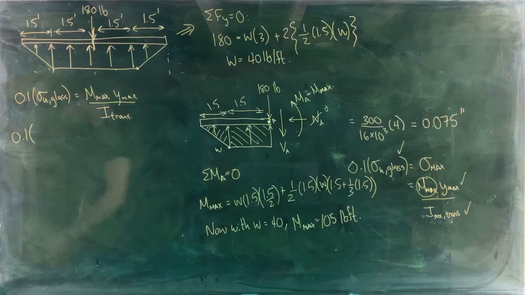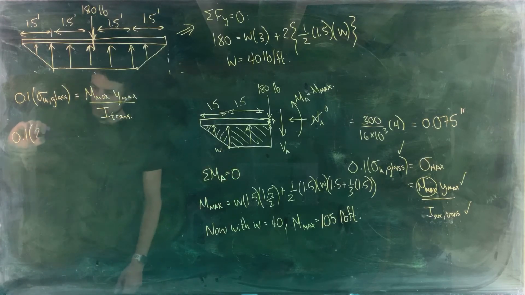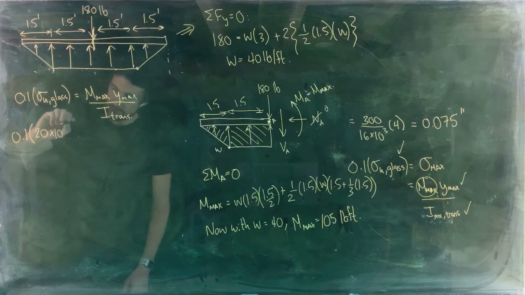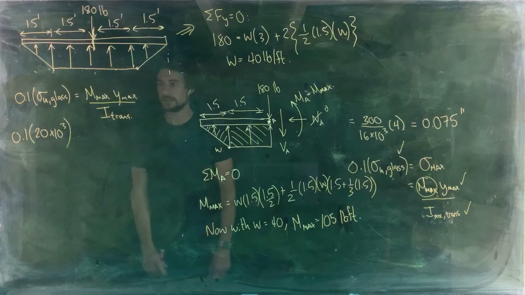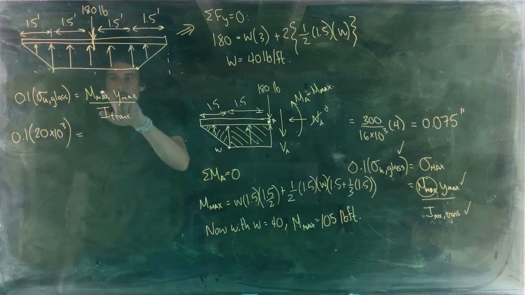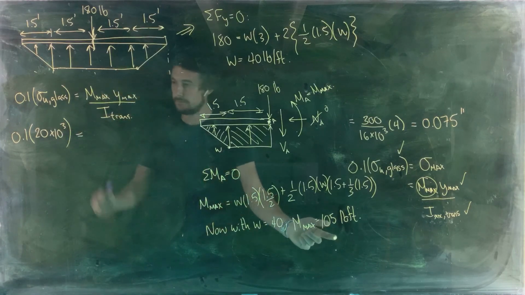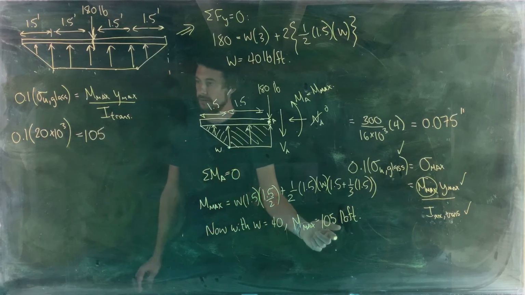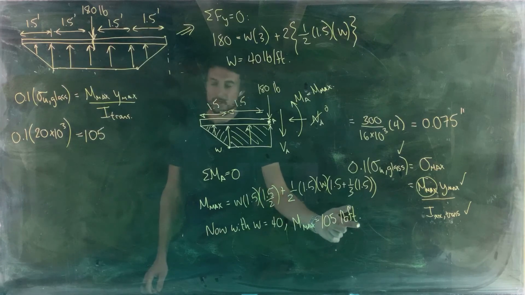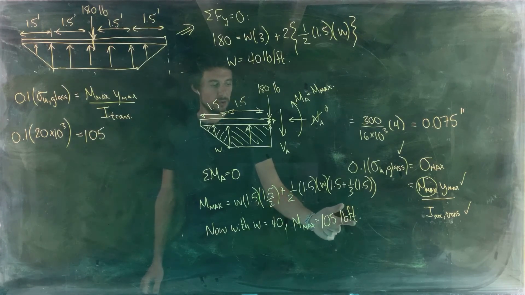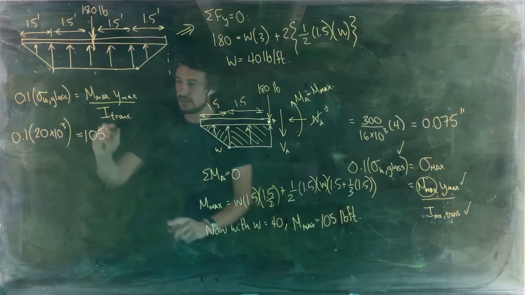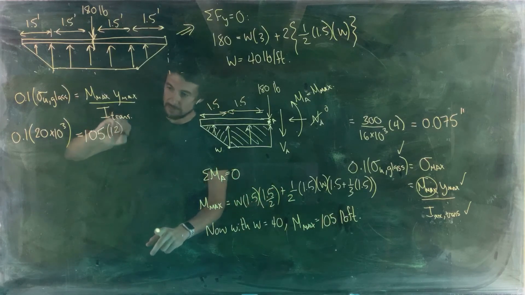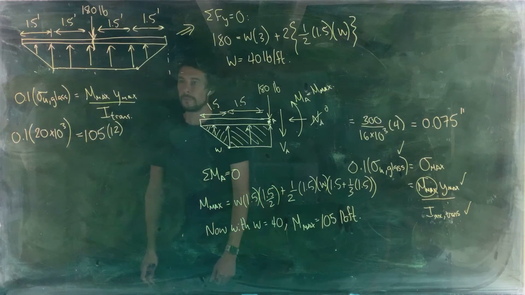I think I said 20 psi. Yep. 20 times 10 to the 3. Remember to change that to psi. And then our maximum moment is 105. But we want everything in units of pound-inches, so we want to change that into a moment that's in pound-inches. That means multiplying this number by 12 there.